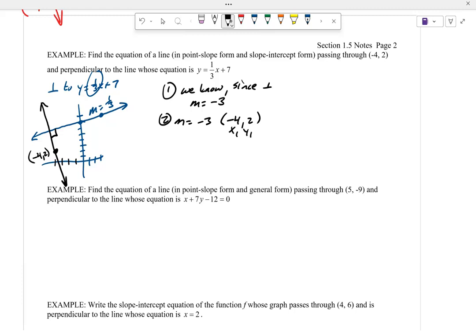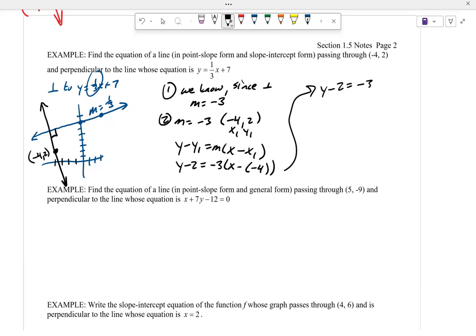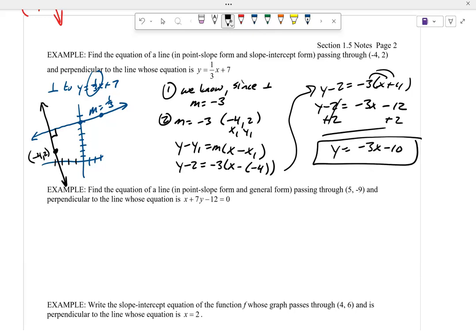There's our x1, y1. Let's plug it into point-slope form: y - 2 = -3(x - (-4)). I'm going to distribute now, and let's add 2. And there's the equation of that black line, y = -3x - 10.